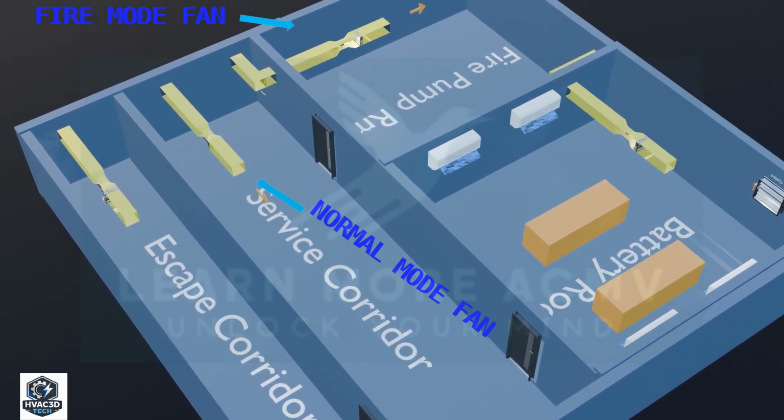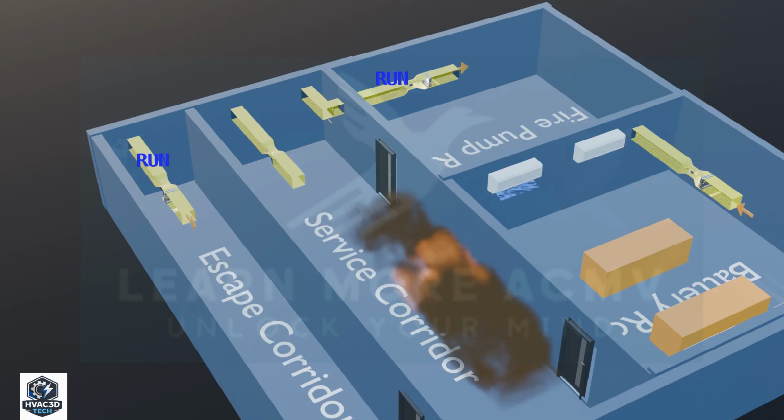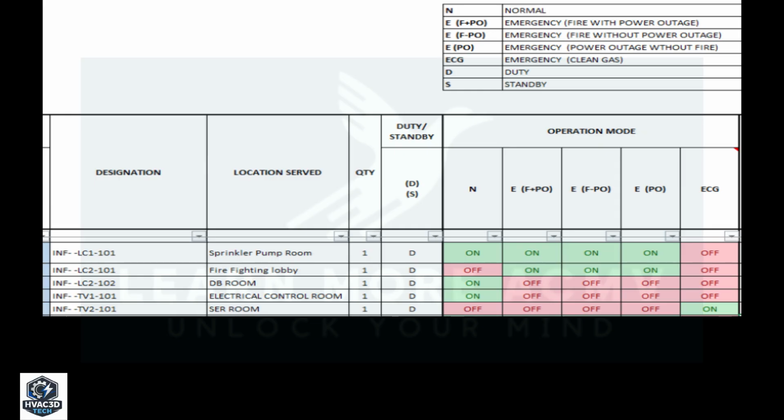As shown in the table, all ECS systems serving essential rooms in a fire-rated building must remain operational during a fire event. This means that when a fire occurs, the fans serving essential rooms must continue running, while fans serving non-essential areas must be switched off. The table identifies the rooms classified as essential.